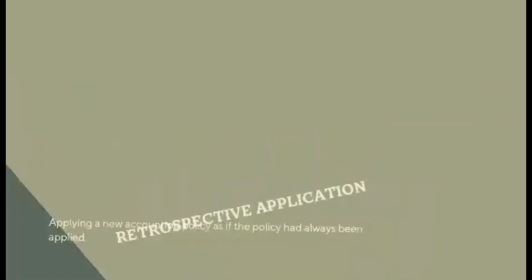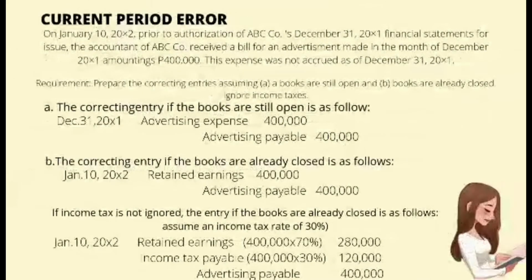Here's the example illustration of current period error. On January 10, 20x2, prior to authorization of ABC Company's December 31, 20x1 financial statements for issue, the accountant of ABC Company received a bill for an advertisement made in the month of December 20x1 amounting 400,000.